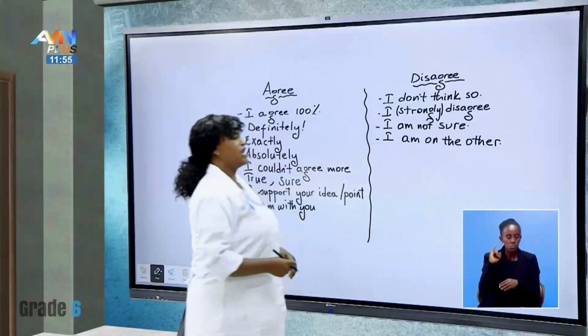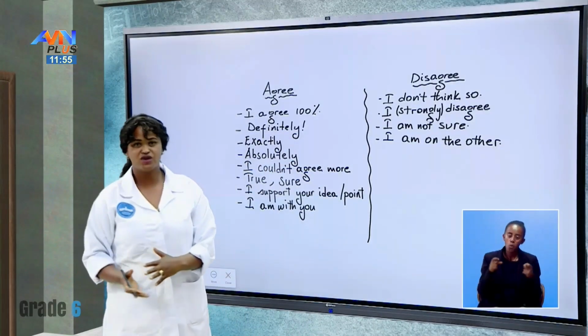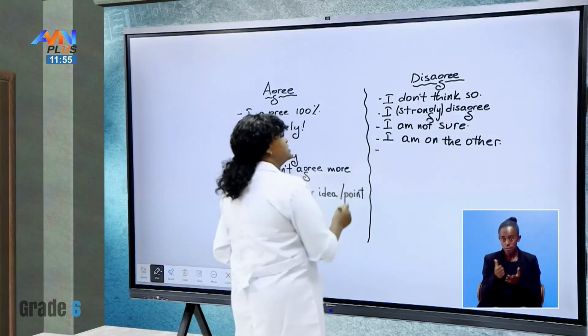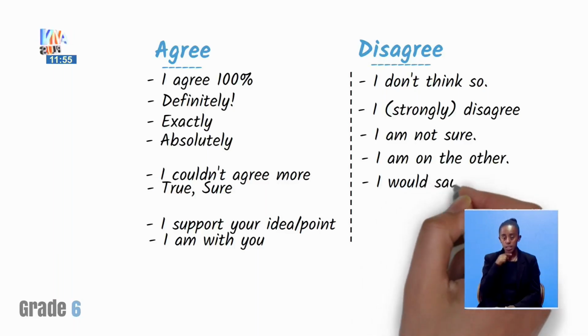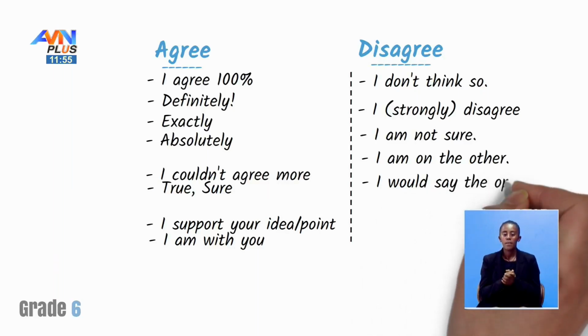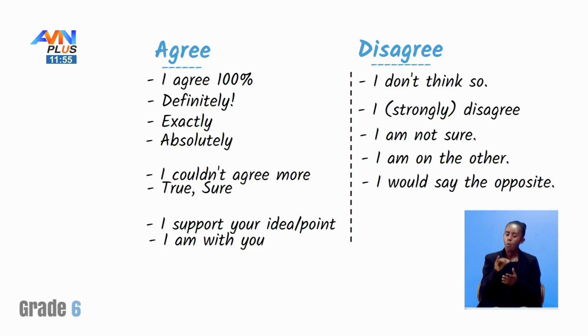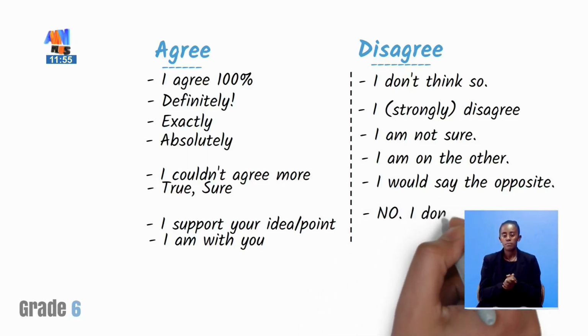This is another. I am on the other side means I am to the opposite of what you are saying. Okay? And the other one is I would say the opposite. And another one, oh, I don't agree.